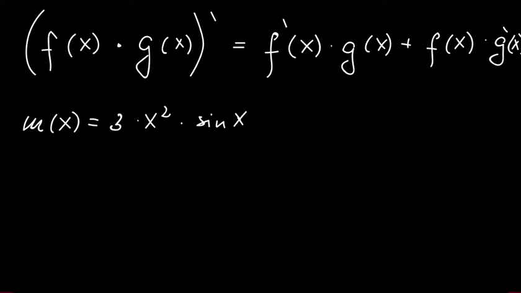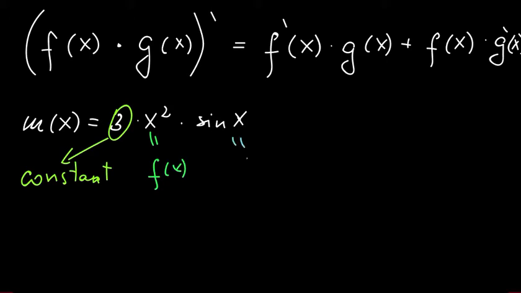Okay, so this 3 is a constant, and this constant is multiplied to a function, so we can simply take it out when calculating a derivative. This is our f of x, and this is our g of x.